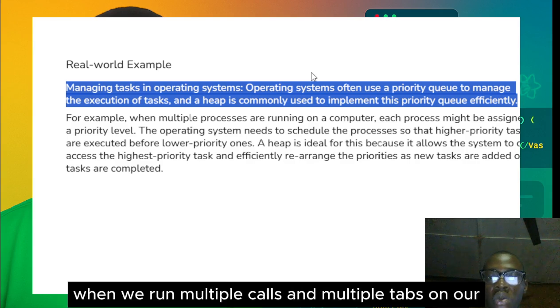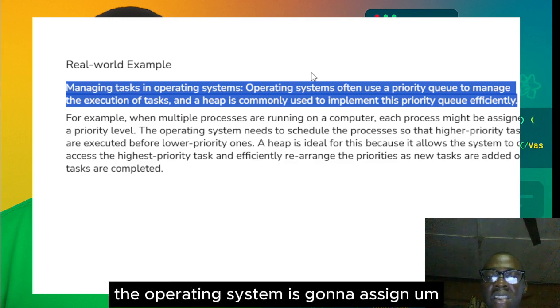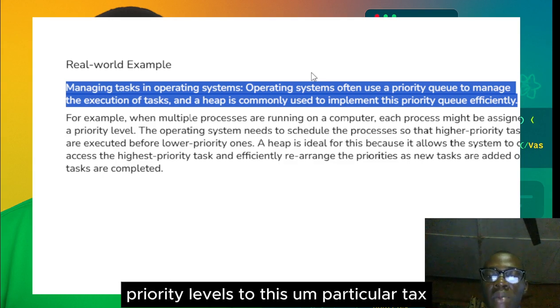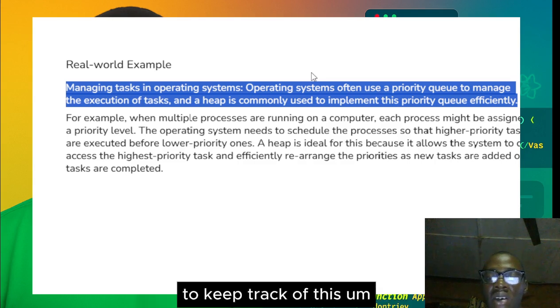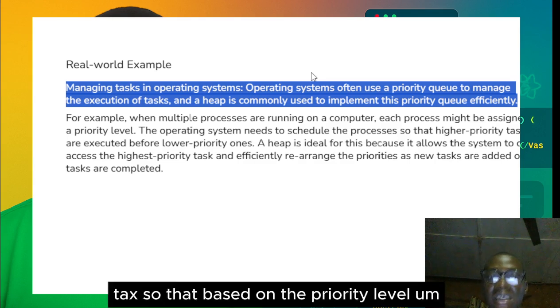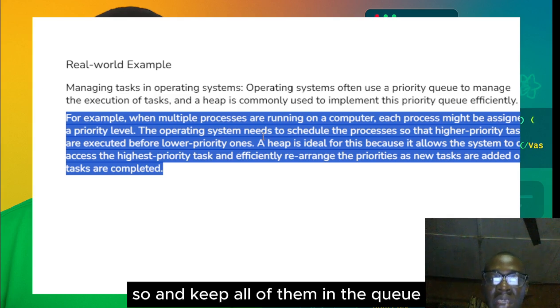When we run multiple calls and multiple tabs on our laptops and devices, the operating system is going to assign priority levels to these particular tasks, and then a heap is used to keep track of these tasks, so that based on the priority level it is going to execute the tasks and keep all of them in the queue.